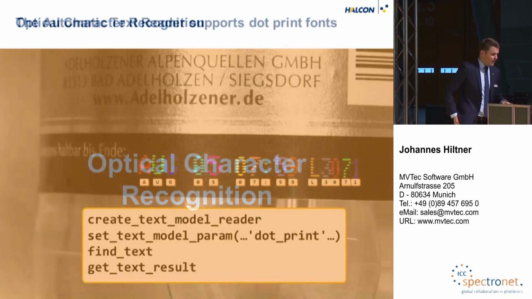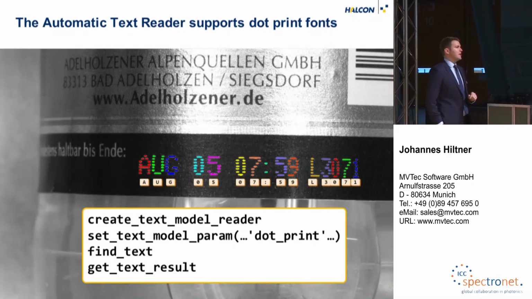And we enhanced this find text operator in terms of also finding more challenging text, for example, dot print text. And here again, the focus is on the ease of use of these kind of pretty complex technologies.